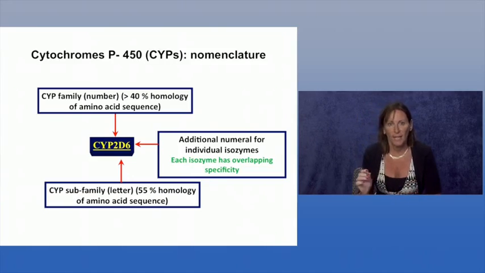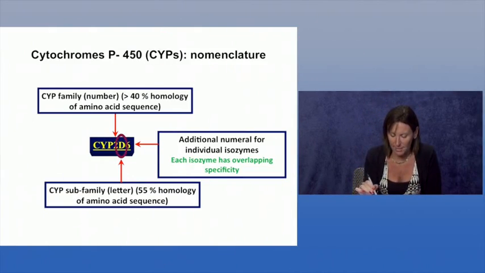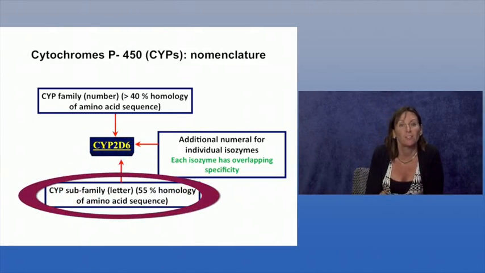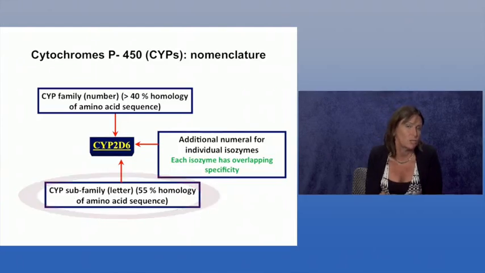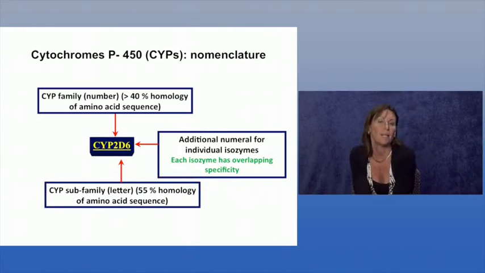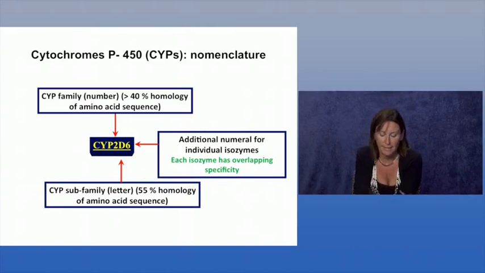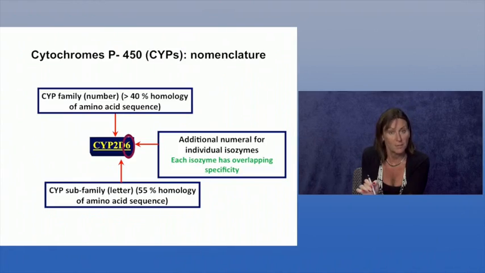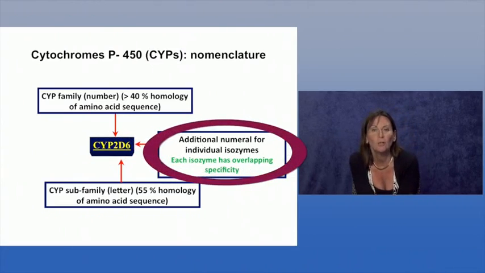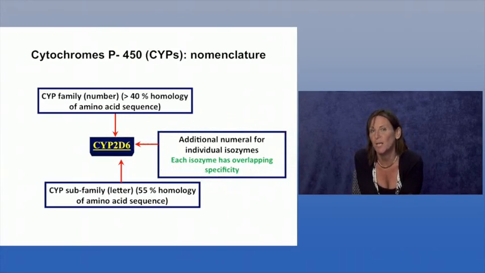Then we have a letter, in this case D, and this is the subfamily. This demonstrates, on average, a 55% homology of amino acid sequences to others within this family. And then finally, often but not always, you have an additional numeral for individual isozymes.